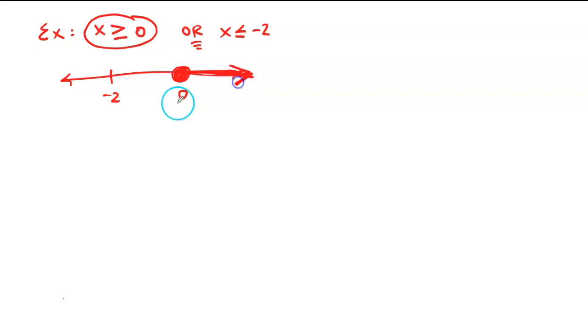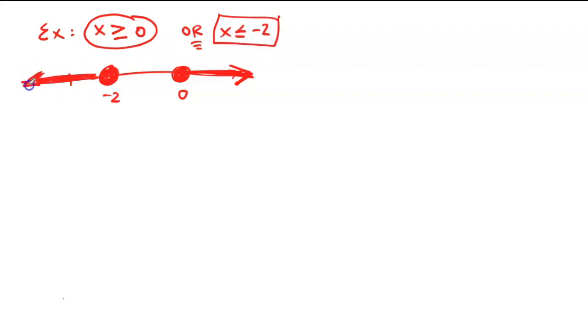Big arrow so we can see that. Or X is less than or equal to -2. Go to -2, it has the equal, solid, X is less than, to the left.